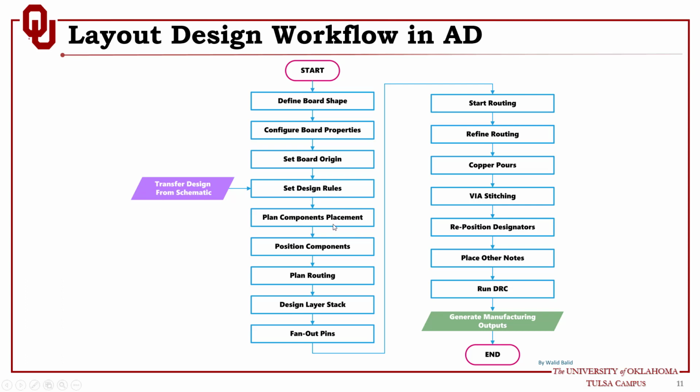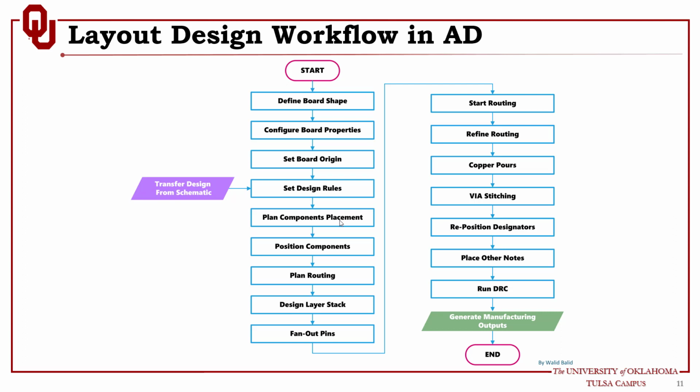Then you start with planned component placement before you place the components. And again, you always need to plan that. Component placement is very critical, because if you don't have proper component placement, you might not be able to route the board, or you might need a bigger board to be able to route it. So you need to plan in advance.